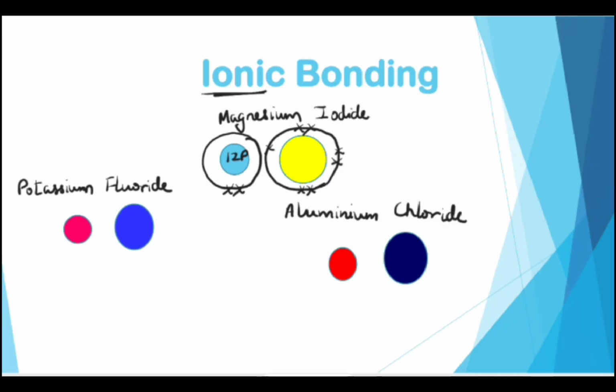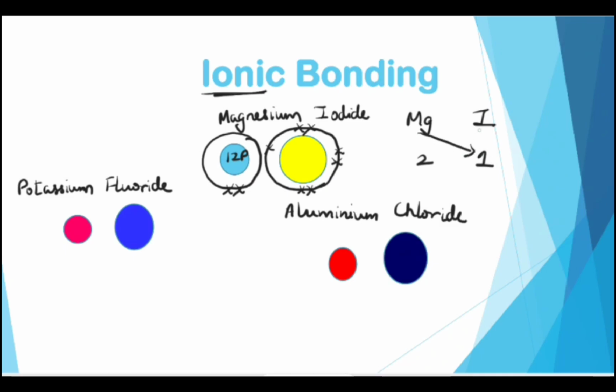Now when they have to bond, you know how they bond, but let me work on the valency. So magnesium has 2 as a valency, and iodide has 1 as a valency.